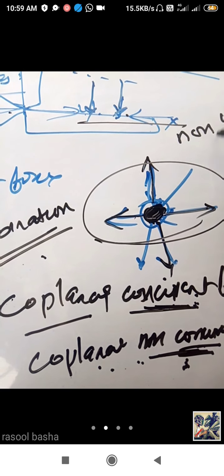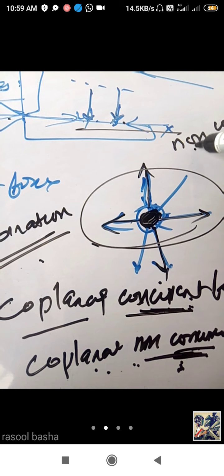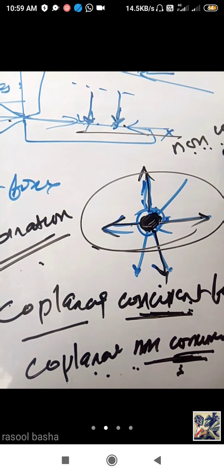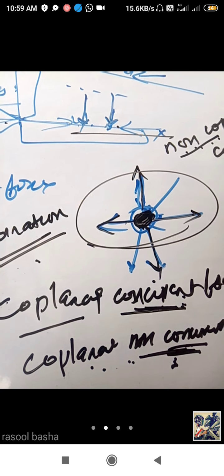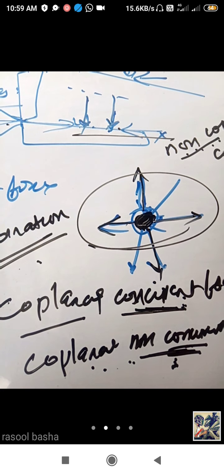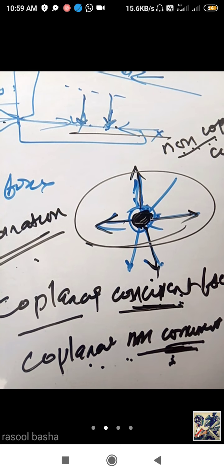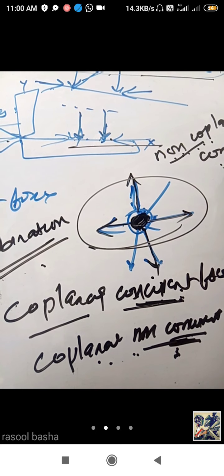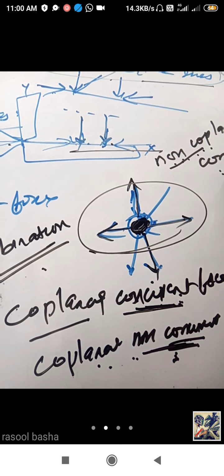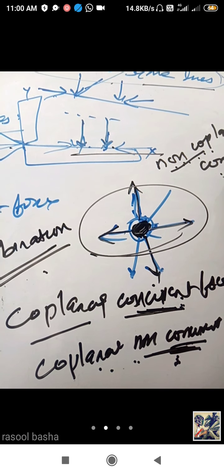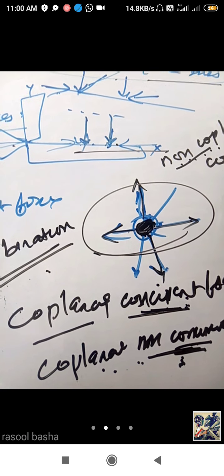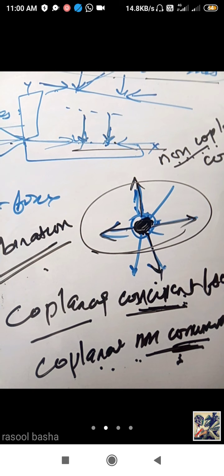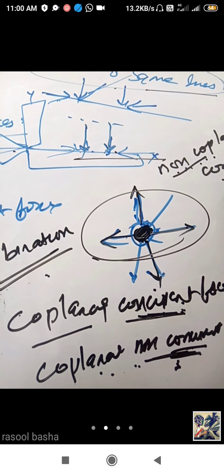Non-coplanar means all the forces do not lie in a single plane. Concurrent means all the forces pass through a single point. So the definition is: all the forces do not lie in the same plane, but the lines of action pass through a single point. That is the definition for non-coplanar concurrent forces.